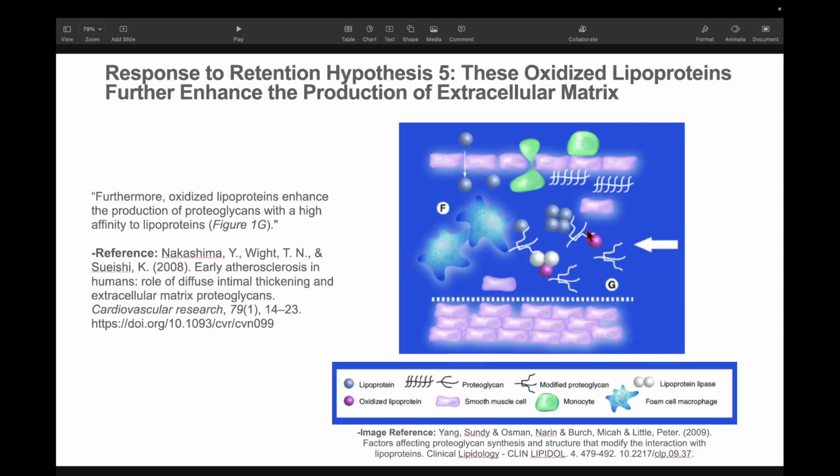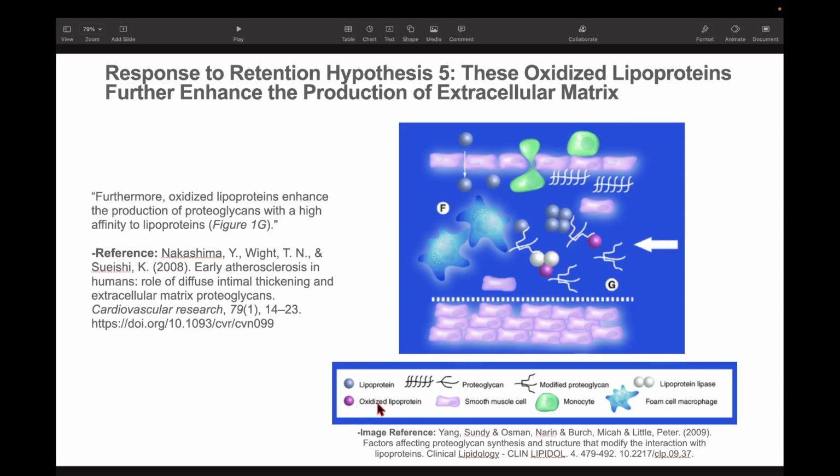So this slide really encapsulates more of this. And so we have step 5 here. These oxidized lipoproteins further enhance the production of extracellular matrix, kind of what I was just discussing. They say furthermore, oxidized lipoproteins enhance the production of proteoglycans with a high affinity to lipoproteins. So what we're seeing here is you have the proteoglycans, you have the lipoproteins, the LDL, bound to the proteoglycans.